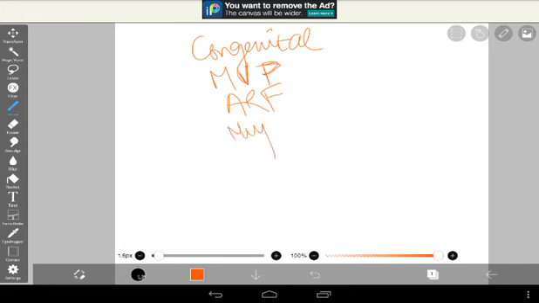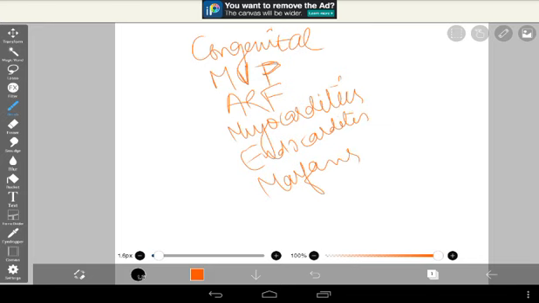Then we have myocarditis, endocarditis, cardiomyopathy, Marfan syndrome, and myocardial infarction.